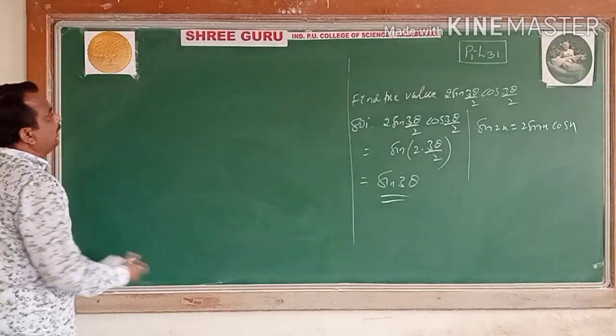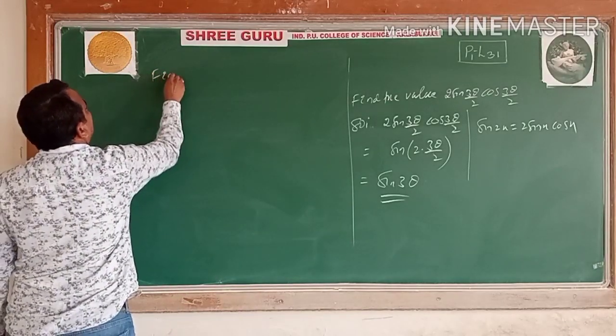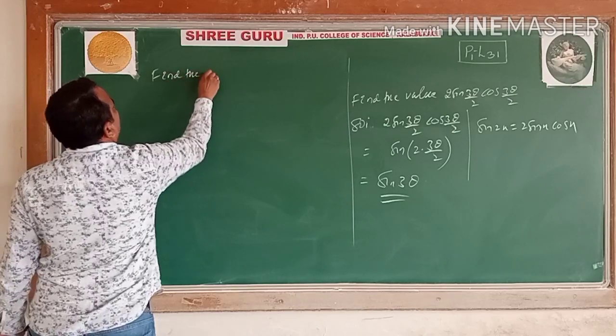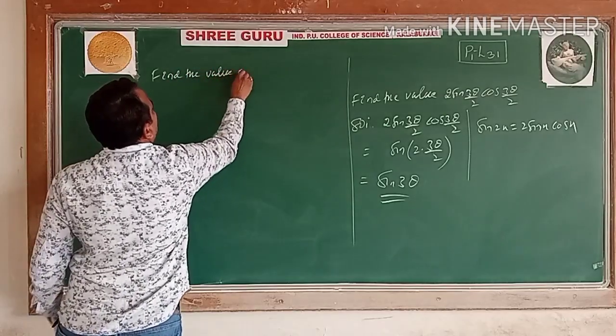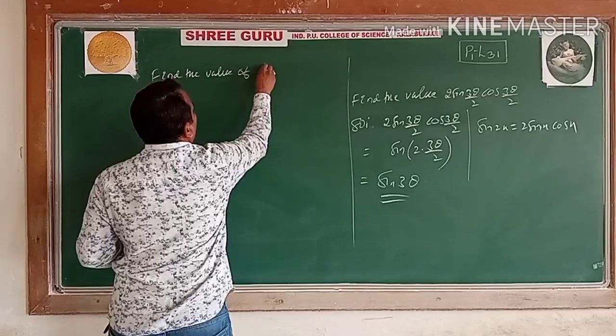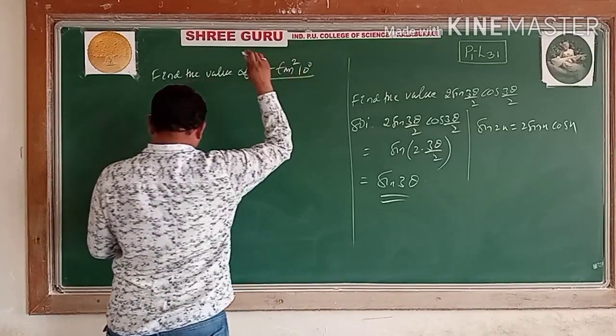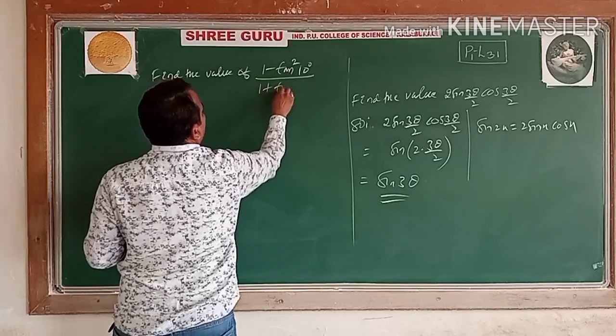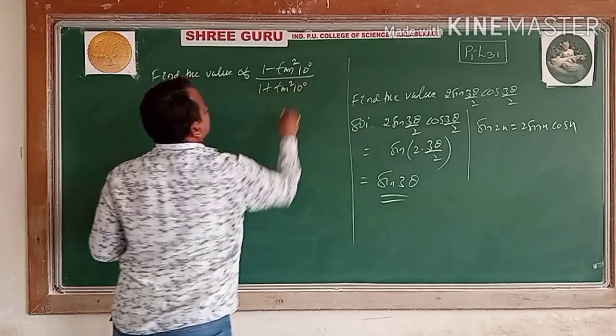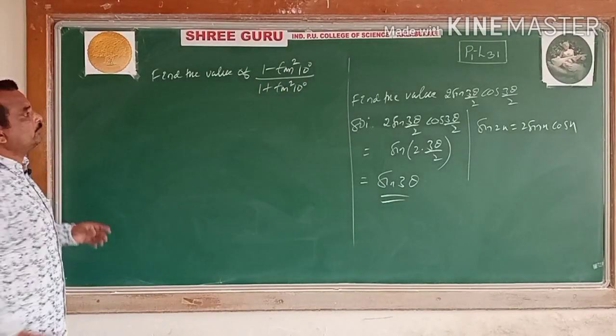Come to the next example. Find the value of 1 minus tan square 10 degree divided by 1 plus tan square 10 degree. You know it is in terms of tan.